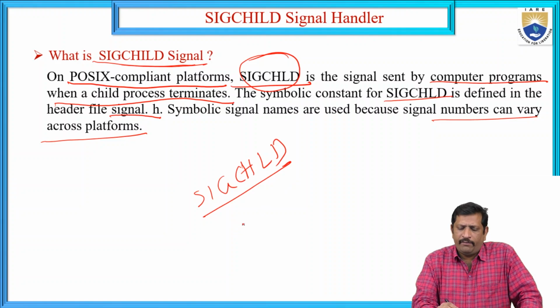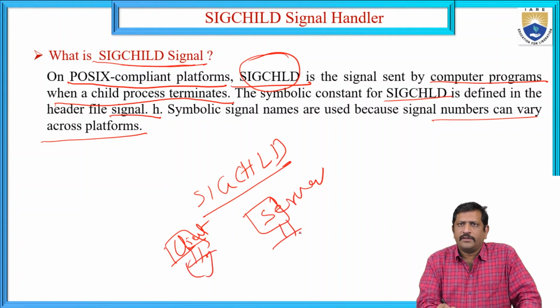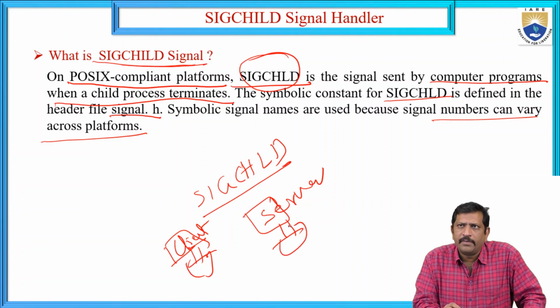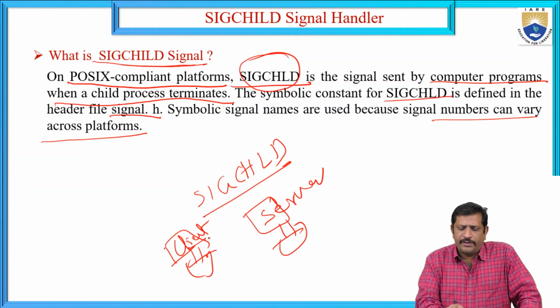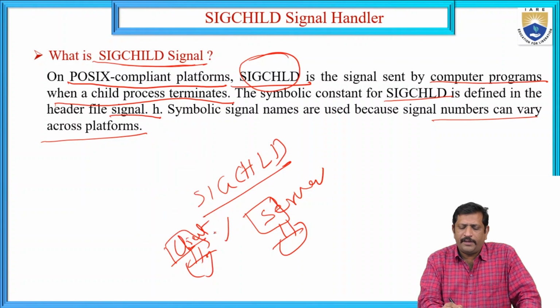Now whenever we are sending a signal from client to server, client machine to server machine, in this process the child process will be terminated.